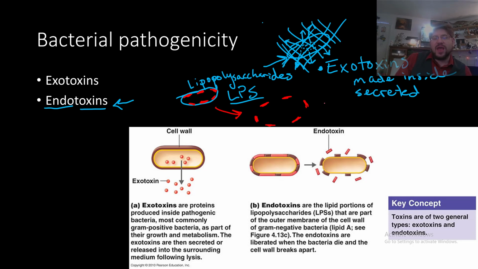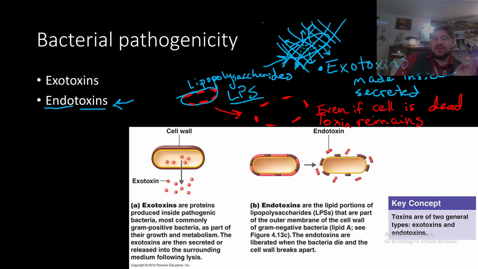And as long as the fragments of the cell wall are in the system, even if the cell is dead, the toxin remains, right? That cell wall has to be completely broken down in order to remove that toxin.